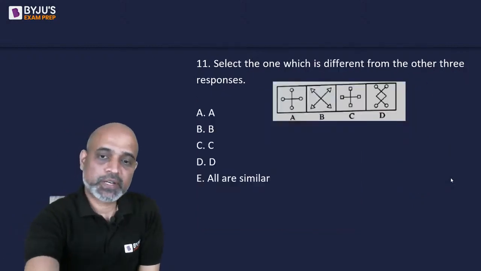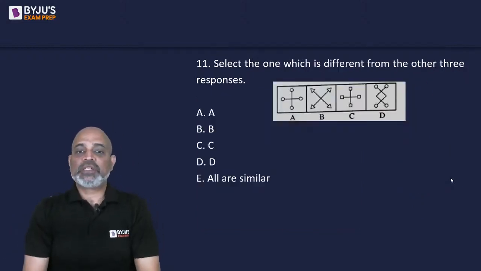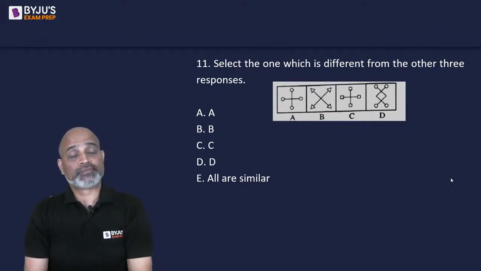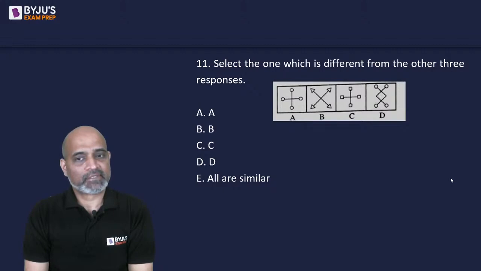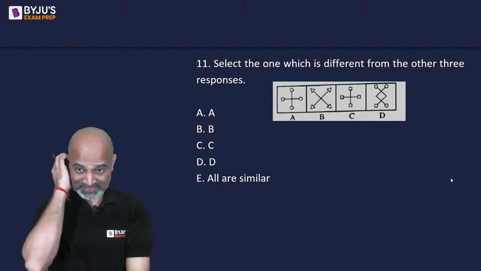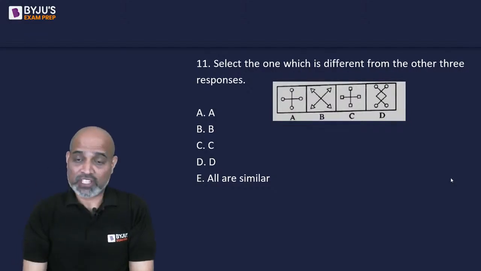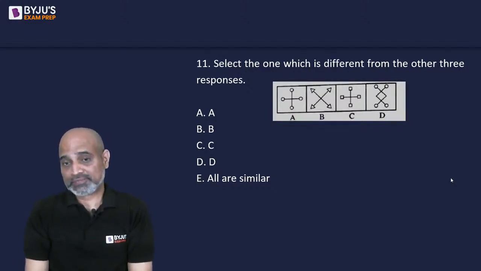Okay. Next one. Select the one which is different from the other three. So odd one out. Oh, very difficult. So this question is going to have two answers, depending upon how you see it.